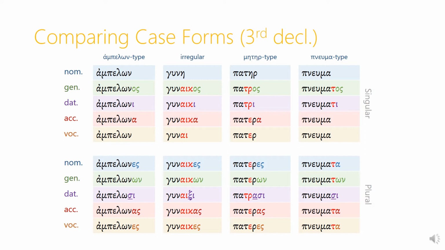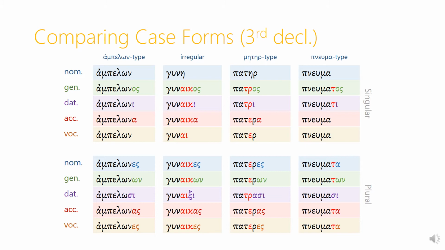Now, in this kind of meter type noun, you'll notice that there's an extra alpha that's added to the ending, almost like a connecting vowel, which again is for the purposes of pronunciation. Following a rho like that, it'd be impossible to just have rho sigma, but if you add the alpha in front, that makes it pronounceable, patrasi.